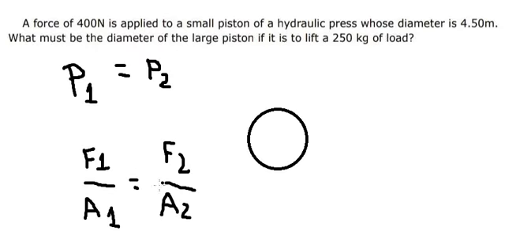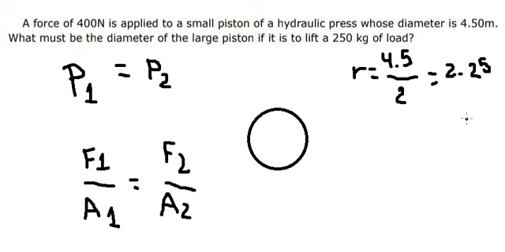So for the area of this piston, we have the diameter in here, so now we need to find the radius. 4.5 divided by 2 gives us 2.25, and we have 2.25 in here.